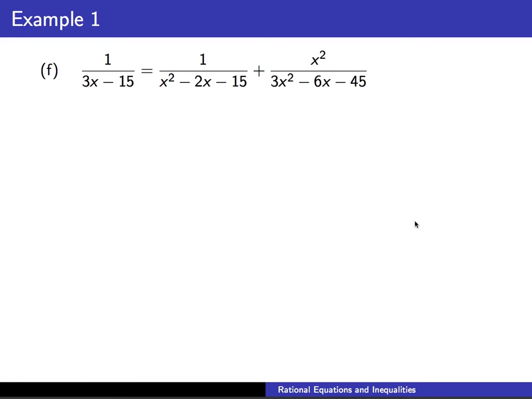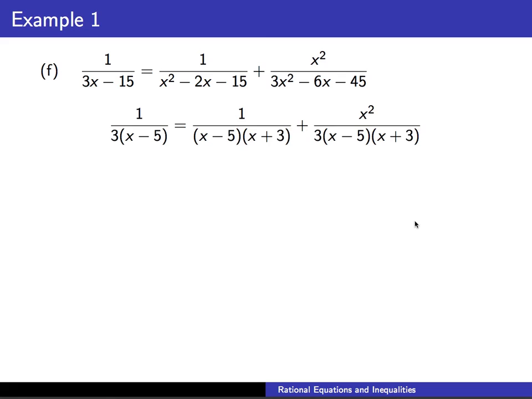All right, part F, we have 1 over 3x minus 15 equals 1 over x squared minus 2x minus 15 plus x squared over 3x squared minus 6x minus 45. Wow, that was quite a bit. So let's factor what we can. 1 over 3x minus 15 factors as 1 over 3 times x minus 5. x squared minus 2x minus 15 factors as 1 over x minus 5 times x plus 3.